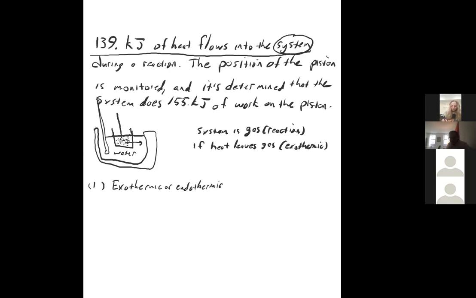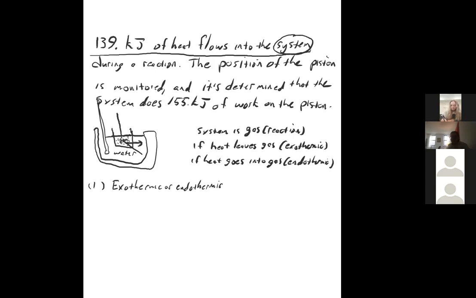If heat goes into the gas, that's endothermic. Now you might be confused. You might say, well, wait a minute, you said almost the opposite, because I was talking about the water, right? If heat goes into the water, that's exothermic, but that's because it left the gas, right? If heat goes out of the water and into the gas, that's endothermic.